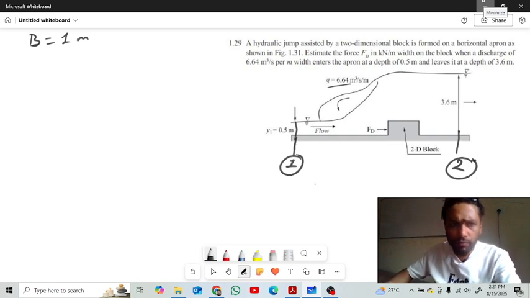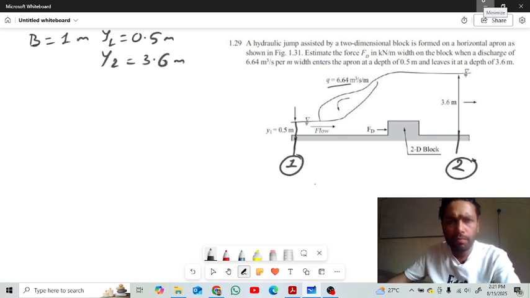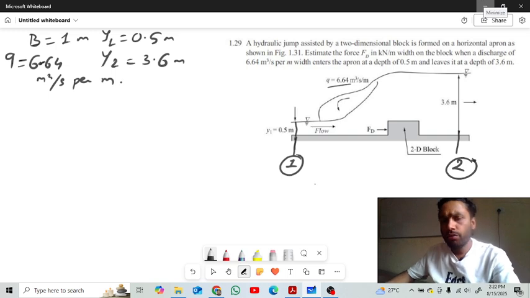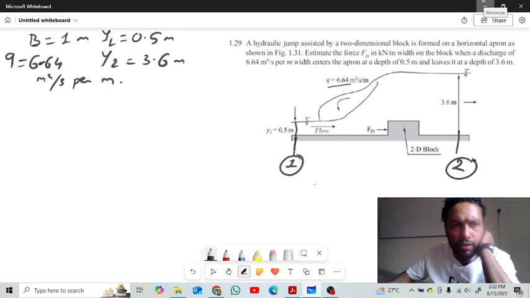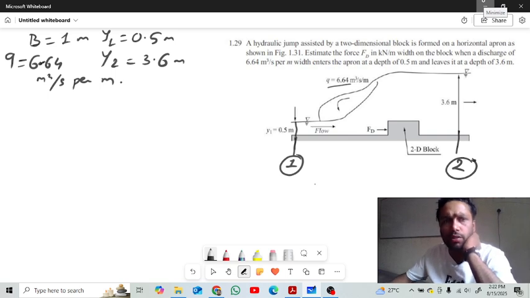So let's say y1 is equal to 0.5 meter and y2 is equal to 3.6 meter, and the specific discharge q is given as 6.64 meter cube per second per meter. So let's apply the momentum principle between the upstream and downstream, to get the force exerted on the concrete block.